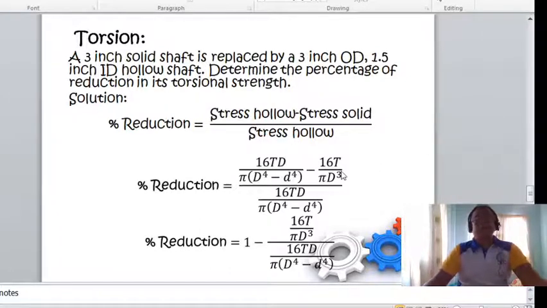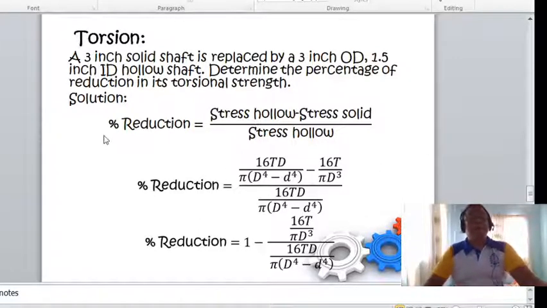Okay, so actually, class, the shaft which is most stressed is, of course, the hollow shaft. So, if we compute the stress, we will notice that the value obtained for the hollow shaft is greater as compared to the solid shaft.